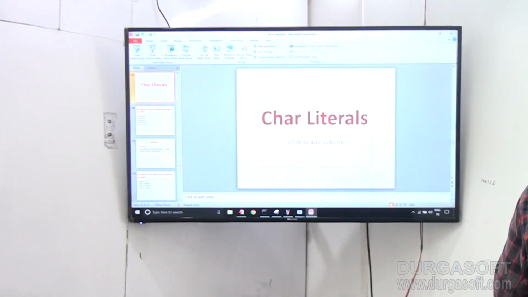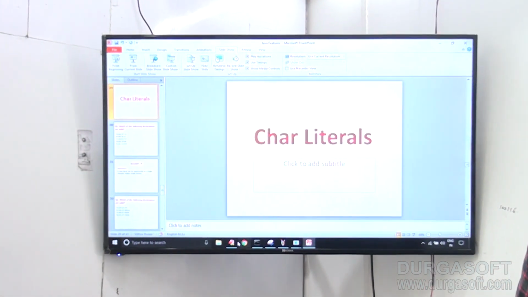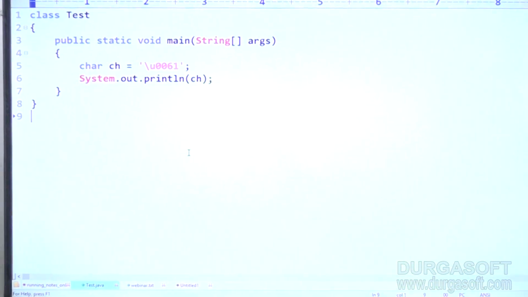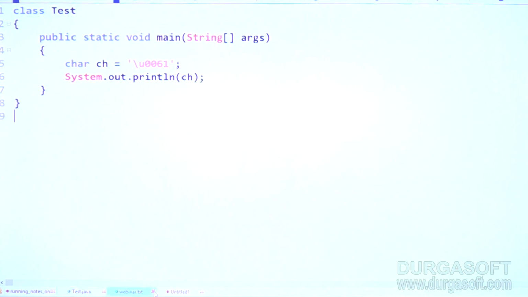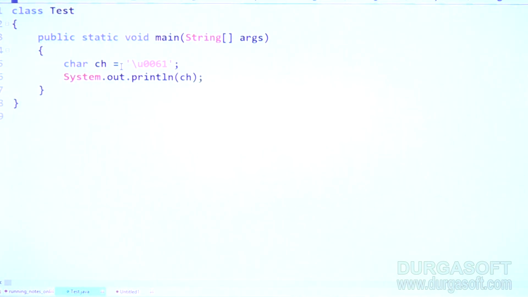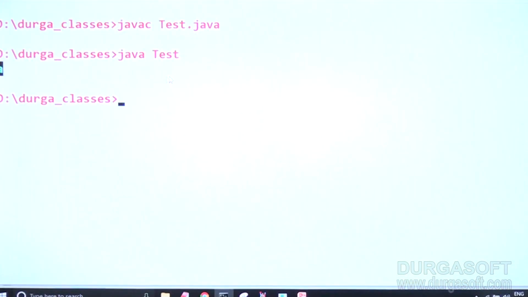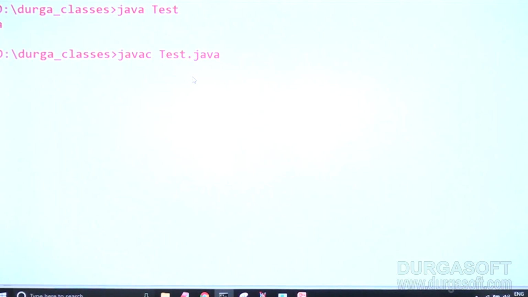Observe a bit carefully. Here my requirement is char ch. Char ch is equal to, within single quotes a, System.out.println of ch. Now observe what answer we are going to get.